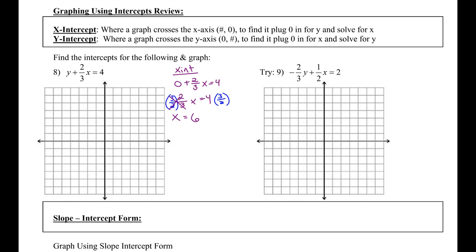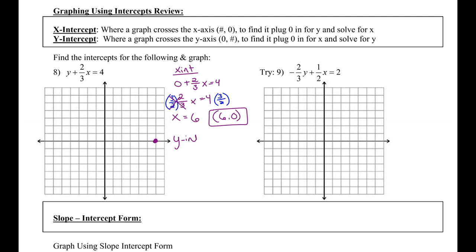My ordered pair for the x-intercept is then that number, comma 0, because I plugged in a 0 for y at the start. So I could move over to that point and plot it on my graph.